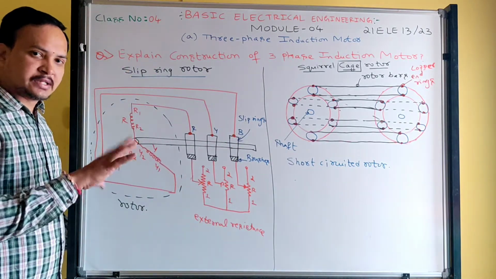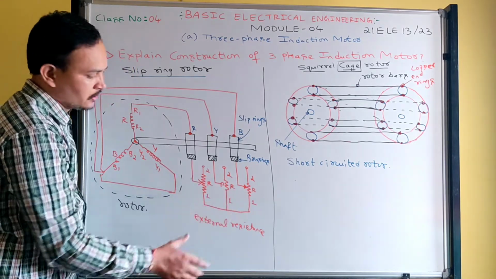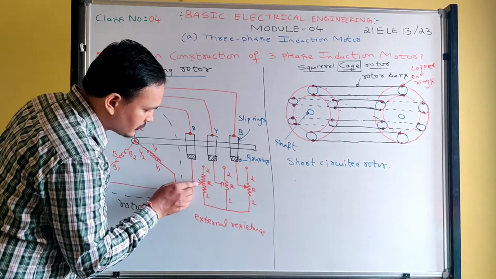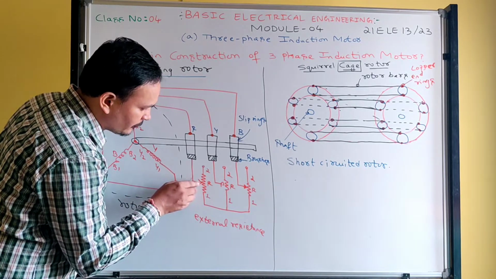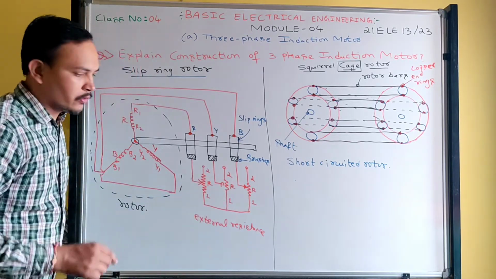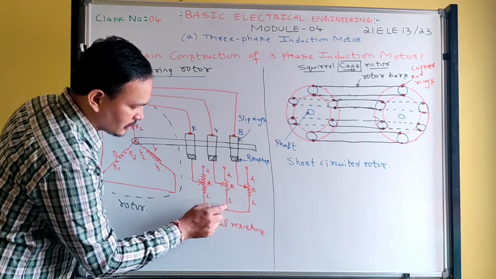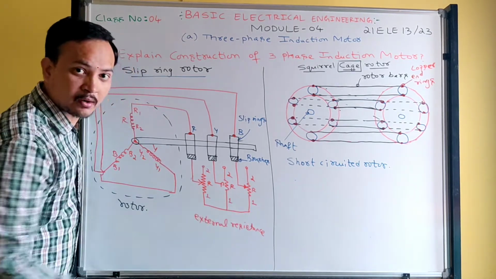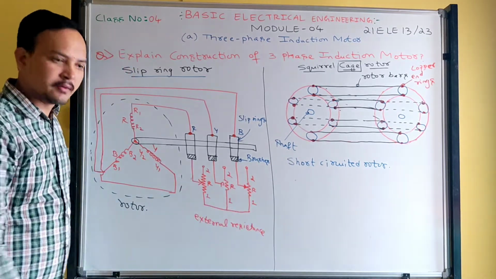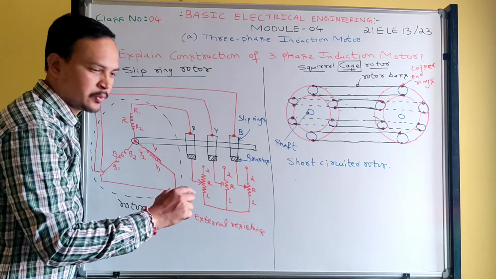Now look at here. Before starting, these variable resistors are externally connected. This resistor should be at position 1. When this variable point is connected to position 1, here also 1, at the bottom I shorted all these terminals, 1, 1, 1, everything is shorted. Then this resistance is not at all included. Let me consider 0 ohm is this position, and the highest resistance is this point.